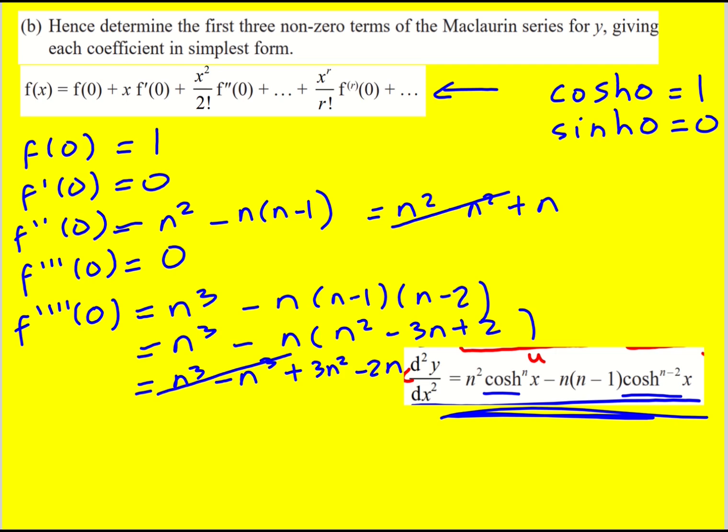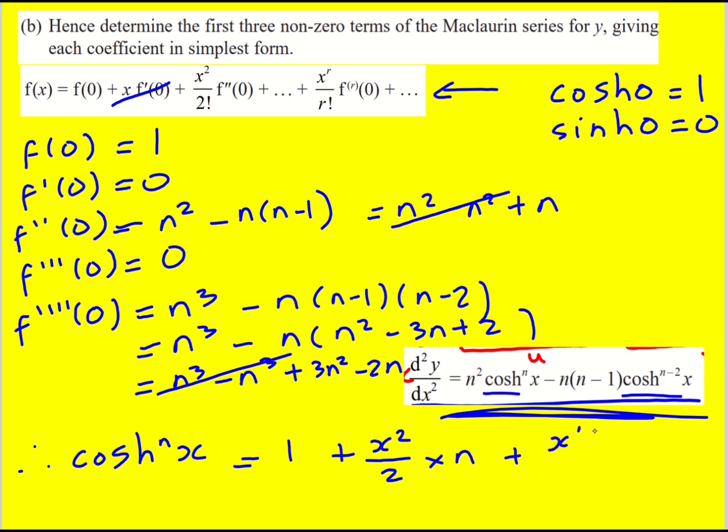So therefore, cosh x to the n is going to equal f of 0, which is 1. This term disappears. Then I'm going to get x squared over 2 times n. There's going to be no third derivative, so x cubed over 3 factorial times 0.